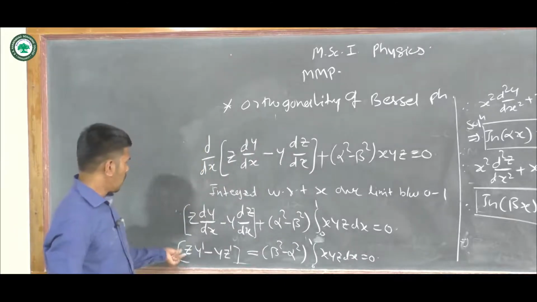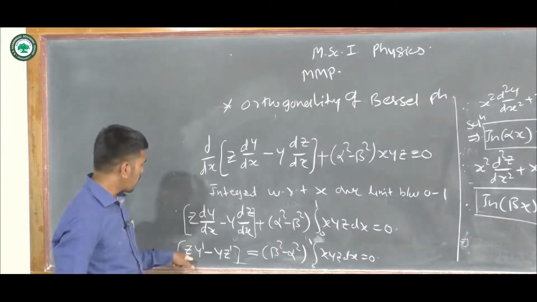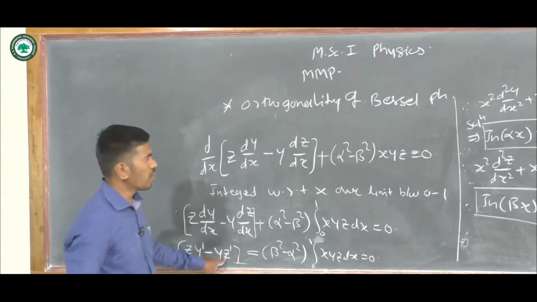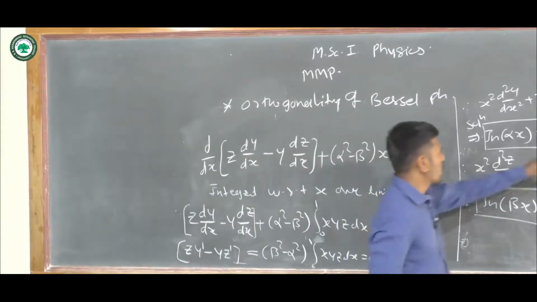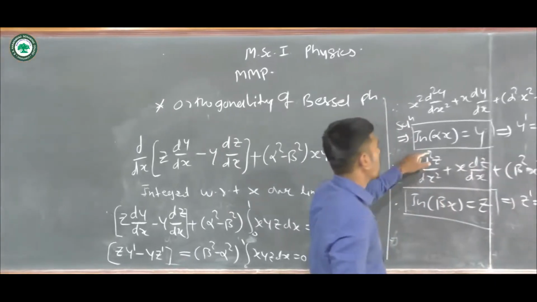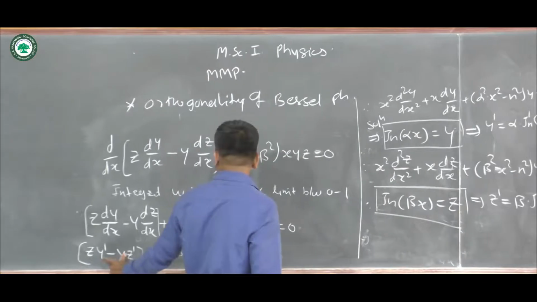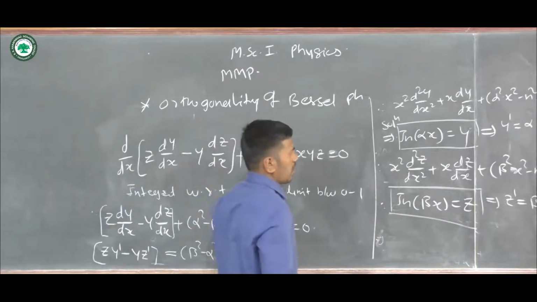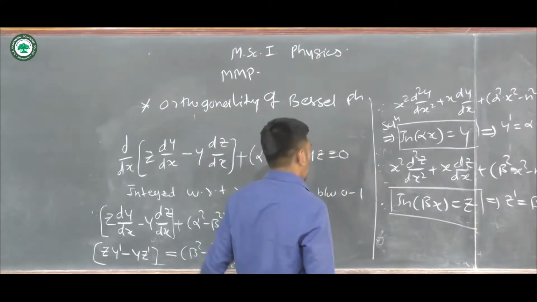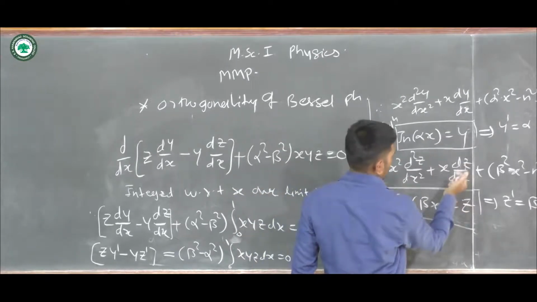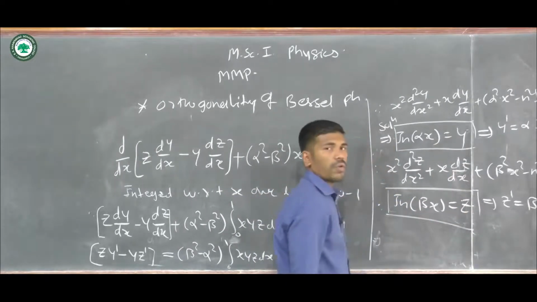Okay, so now this left hand side, that is z into y prime minus y into z prime. If I substitute these things, this alpha and beta are already the roots of jn x. Okay, so this left hand side is equal to 0. We already considered that this alpha and this beta are roots of jn x.